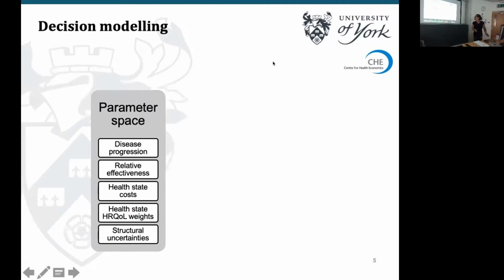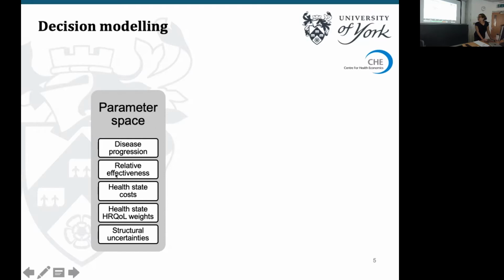So what do we do to inform these models? So we typically consider evidence. So these are all evidence-based approaches, and we consider evidence on disease progression to inform those transitions and those progressions over time. Include a relative effectiveness parameter, one or more, which will be given by the clinical effectiveness side, typically based on RCTs, but not necessarily.